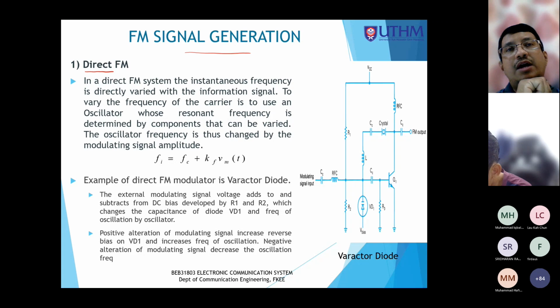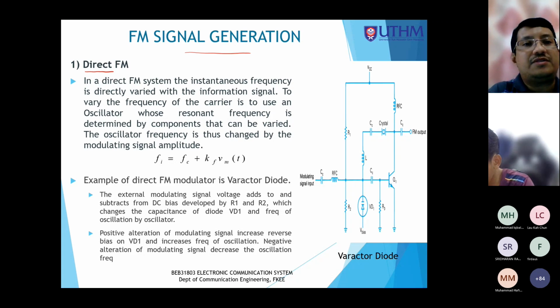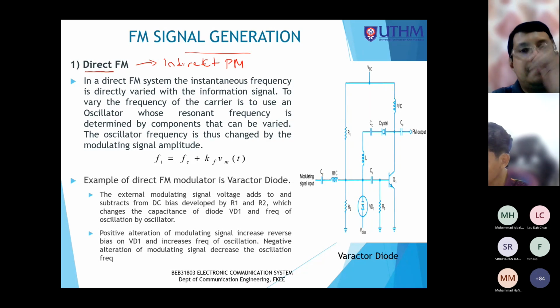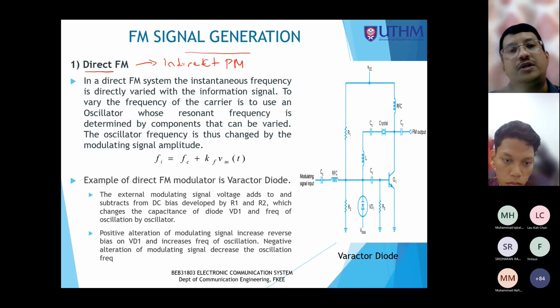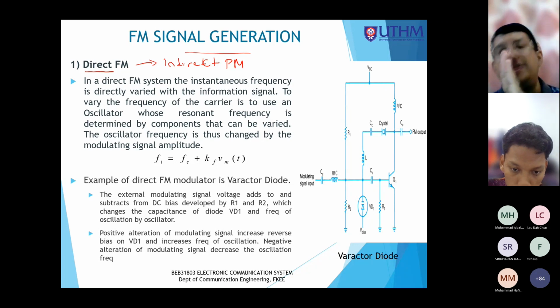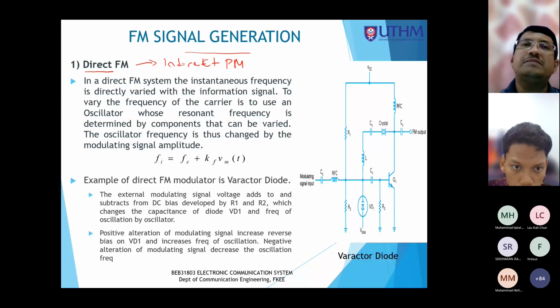In the indirect case, we are actually indirectly doing the process of phase modulation. Because FM and PM are related to each other, whenever we change the frequency of the carrier, we are actually changing the phase of the carrier as well.